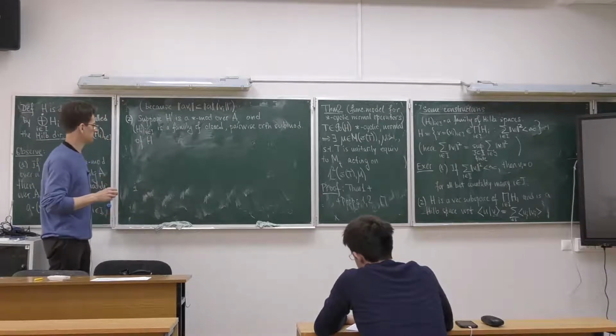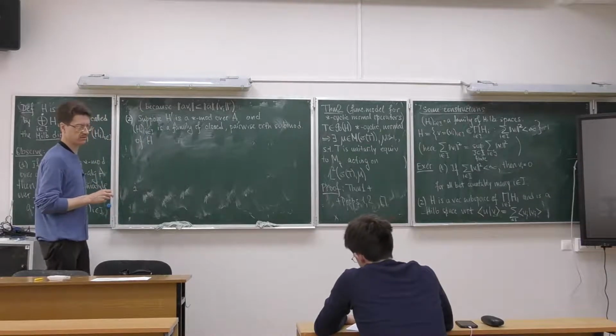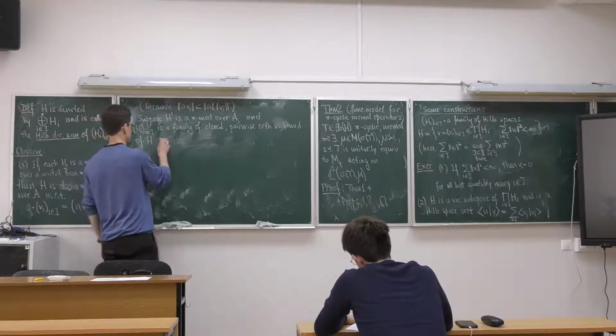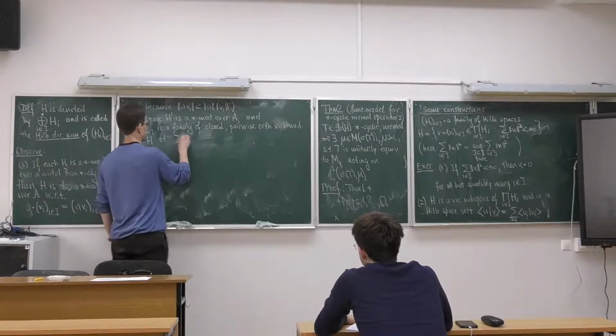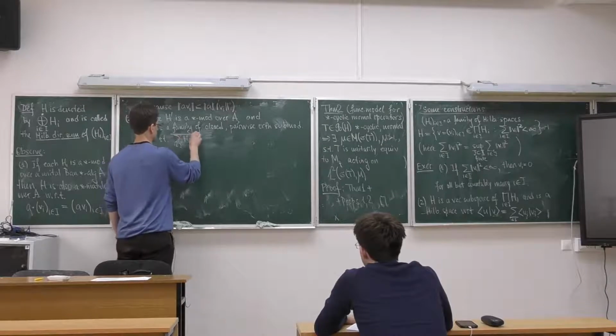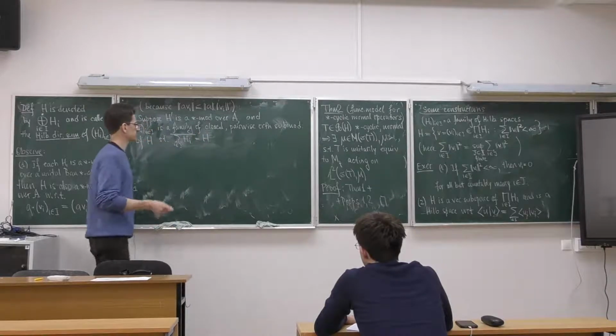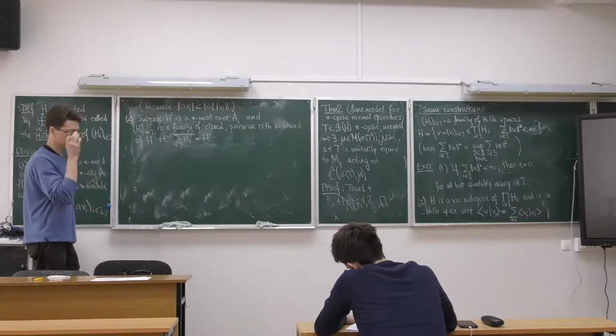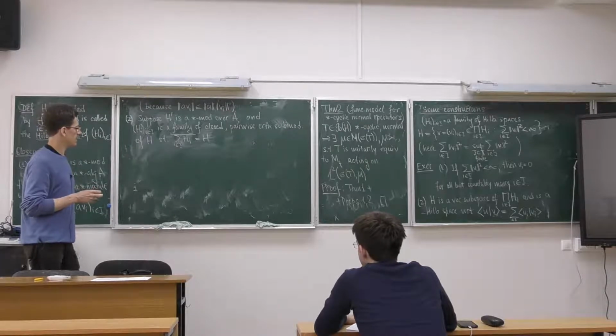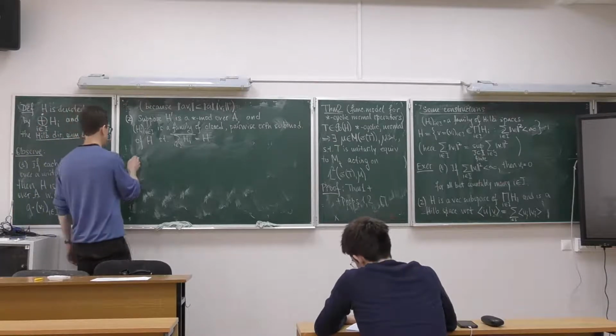And let's also assume that the algebraic sum is dense in H, such that the sum of this family is dense in H. In this case, we have a map.